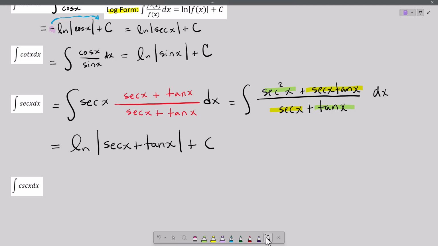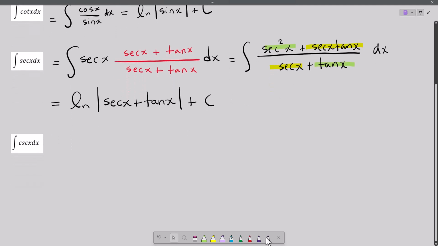Now you're going to see the integral of secant a lot in the coming days, so it's going to become one of those things that you probably will just memorize because you see it so often, and it's not actually that hard because the derivative of secant is secant tangent, and all we have to do is put a plus instead of a multiplication. Most likely you're going to have it memorized real fast.